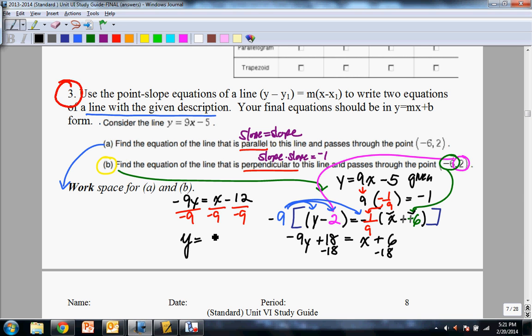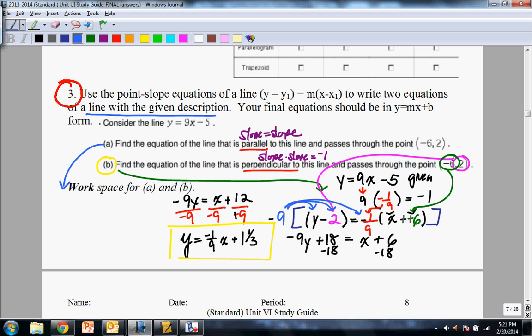So our final equation is y equals negative 1 over 9x plus, 9 goes in there once. Double negative makes that positive. We have 3 left over, so that's going to be 3 over 9, which is 1/3. Don't be intimidated by that mixed number. That is the actual answer.